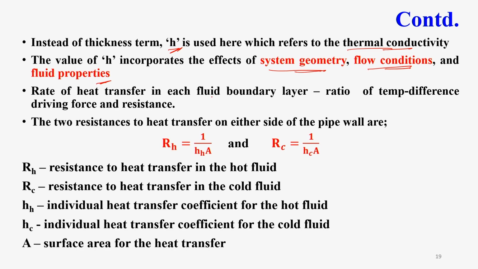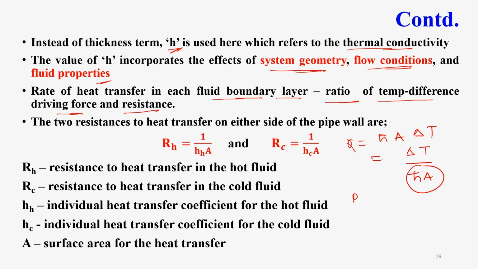So the rate of heat transfer in each fluid boundary layer depends on the temperature difference as a driving force and resistance. Similar to conduction, we can write Q is h A delta T, which can be written as delta T upon 1 upon hA.